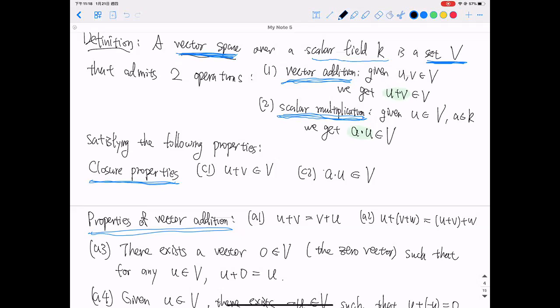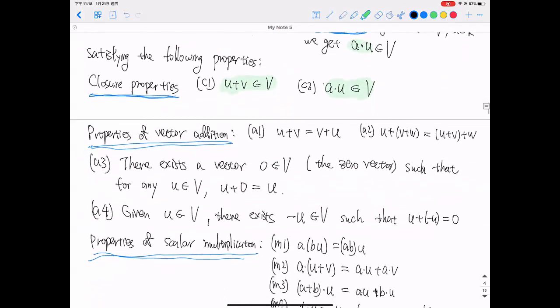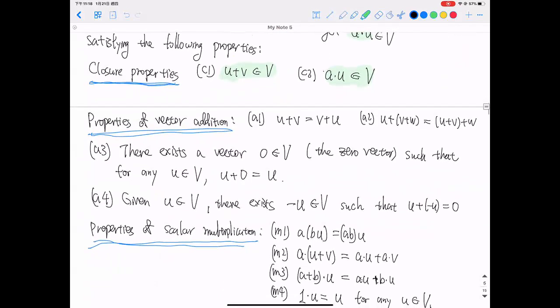Now, the two operations are required to satisfy three classes of properties. The first class is called the closure properties, and they're just saying that the two operations produce things still in V. Now, the second class of properties concerns vector addition.